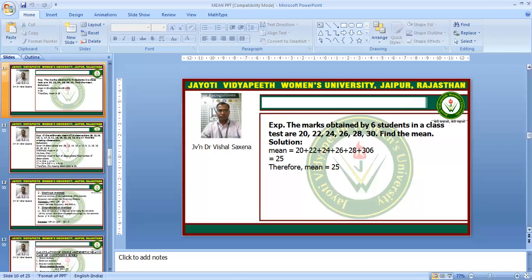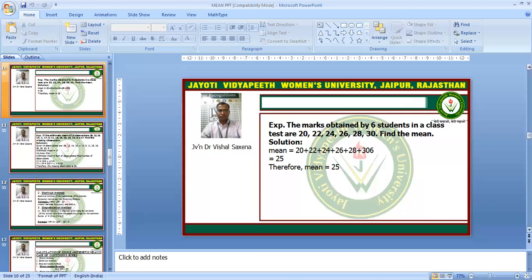How many students are there? There are 6 students, so the value of n is equal to 6, while the sum of the data is given by 20 plus 22 plus 24 plus 26 plus 28 plus 30.